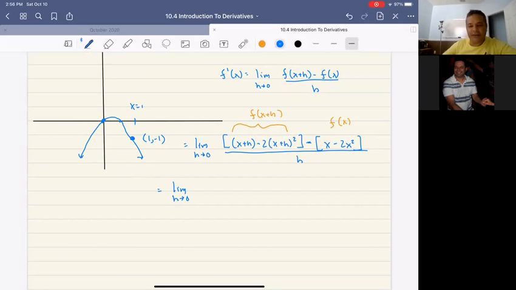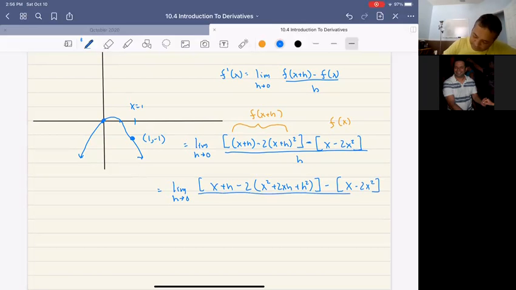So we're taking the limit as h goes to 0 of x plus h minus 2 times, I'm just going to write it all together, x squared plus 2xh plus h squared, minus x minus 2x squared, all over h.